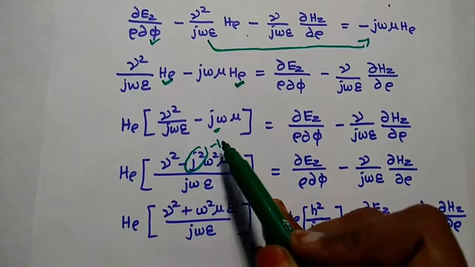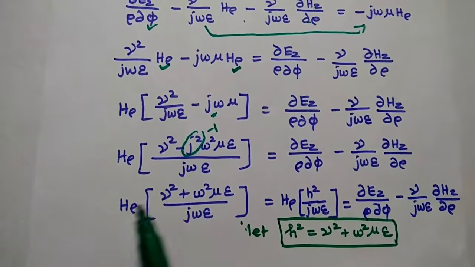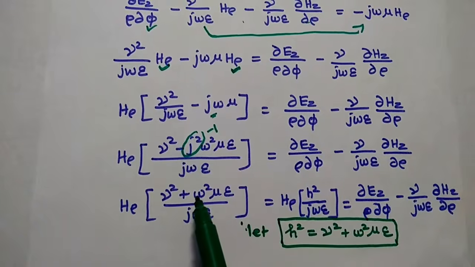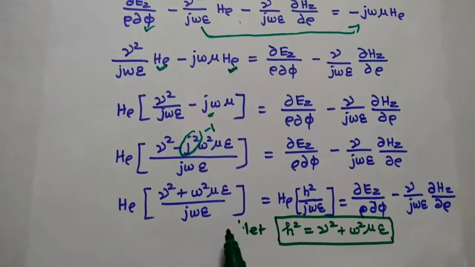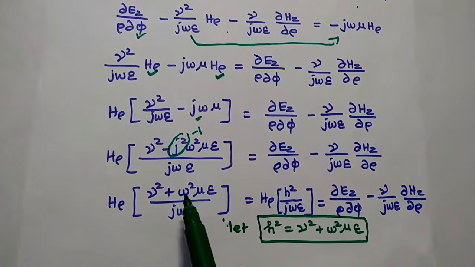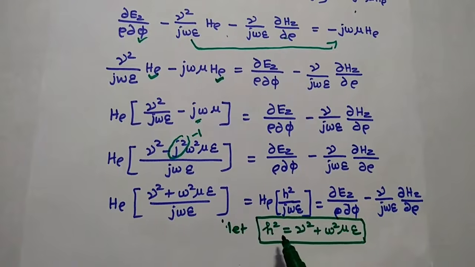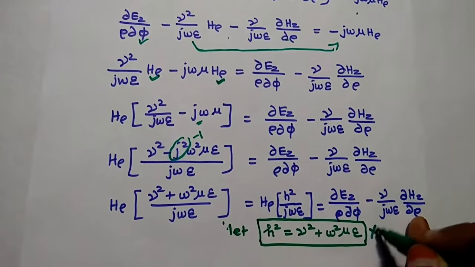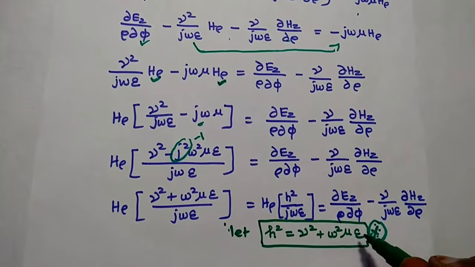Actually j squared is minus 1, so minus into minus is plus. So this term becomes (γ² + ω²με)/(jωε). Here γ² + ω²με is assumed as h squared. This is a very important point over here. So h² = γ² + ω²με.